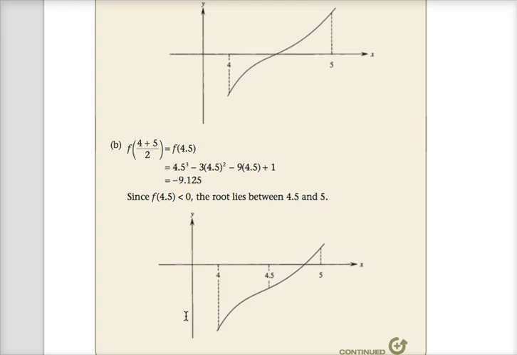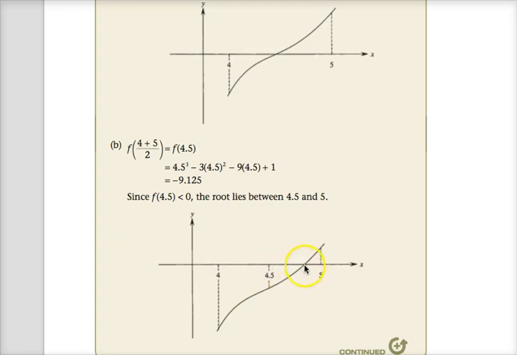All right, it's down here. f(4) we know was negative 19. f(4.5) is negative 9. f(5) was positive 6. If f(5) is positive 6 and f(4.5) is negative 9, doesn't the root lie between 4.5 and 5? It lies between where it's negative and positive.